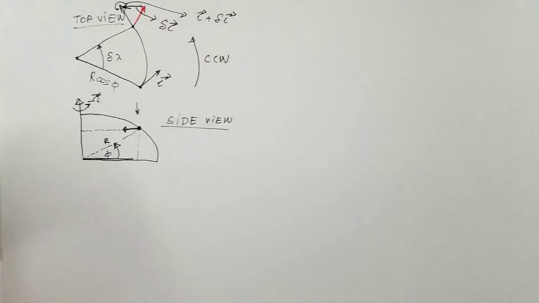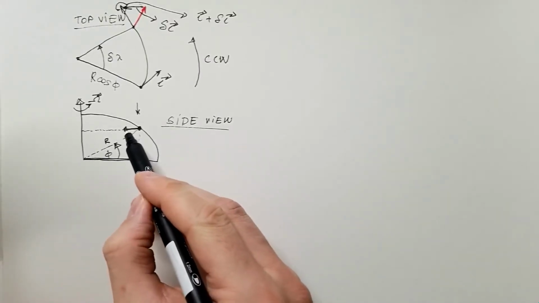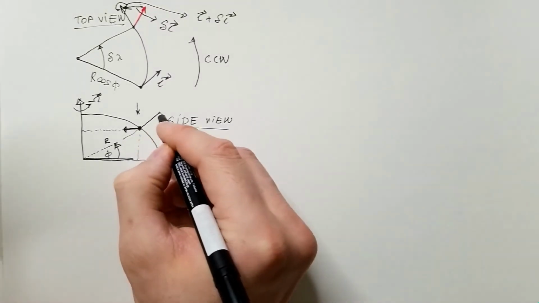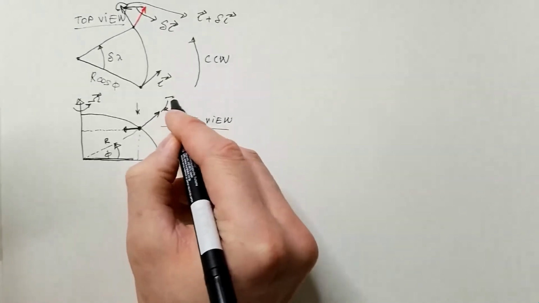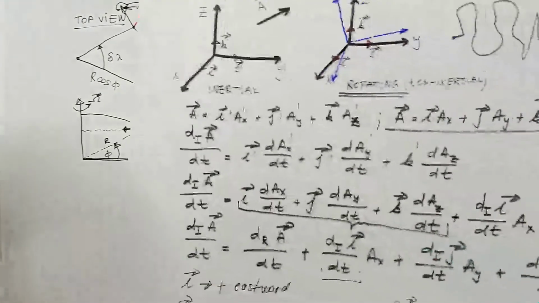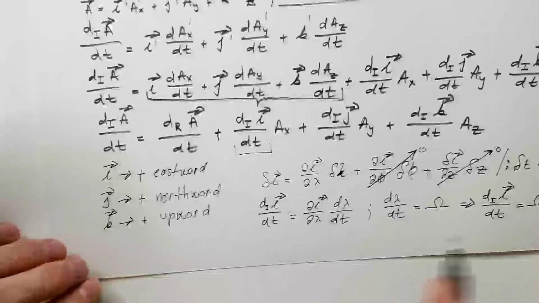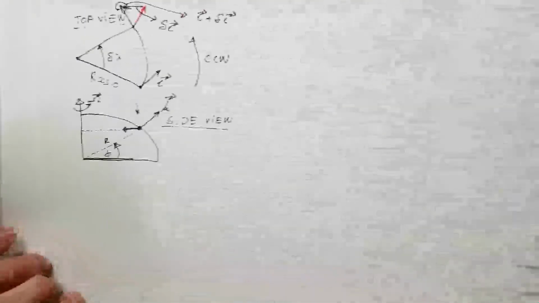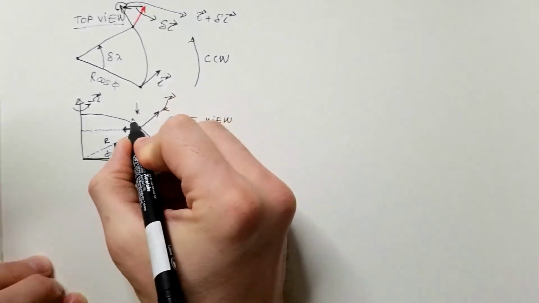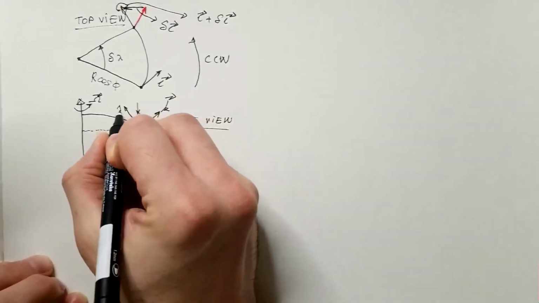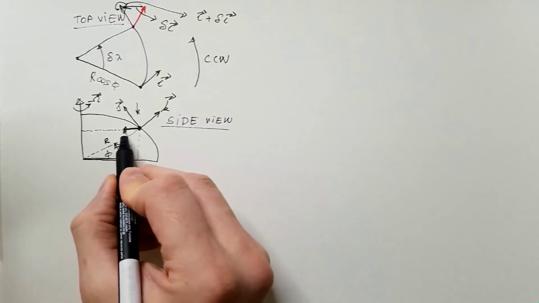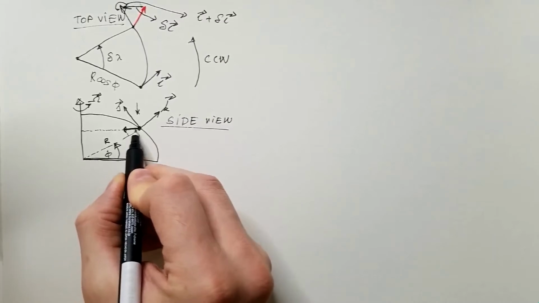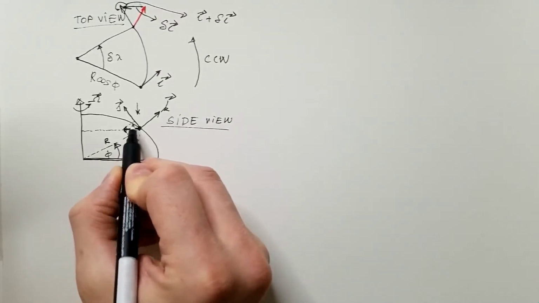And now finally I can decompose this vector delta I into k direction, because this is my unit vector k. Remember here I told you that k is positive upward and j is positive northward. So j will be like this, which means this is projection of vector delta I along the k direction, and this is projection along the j direction.